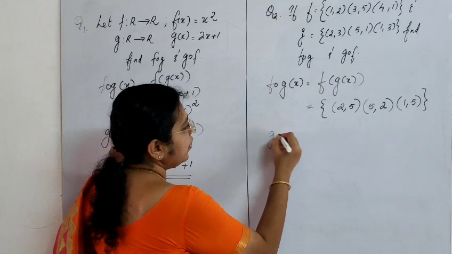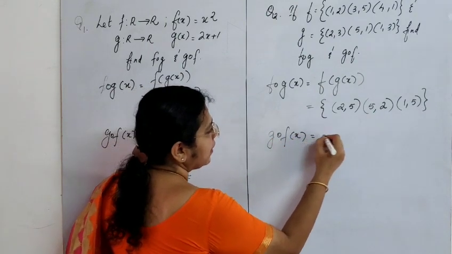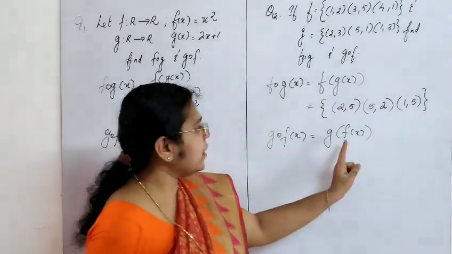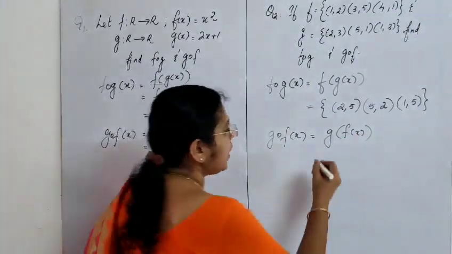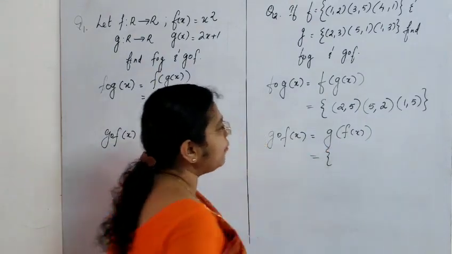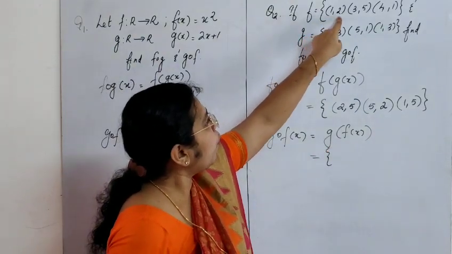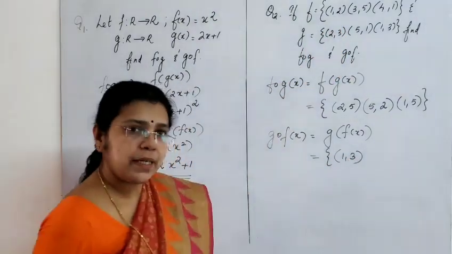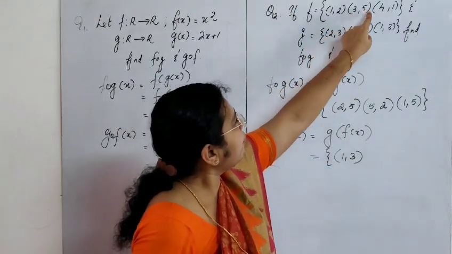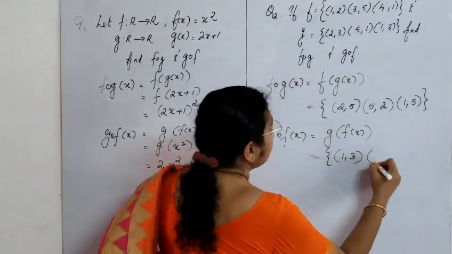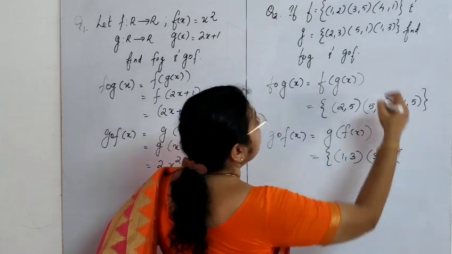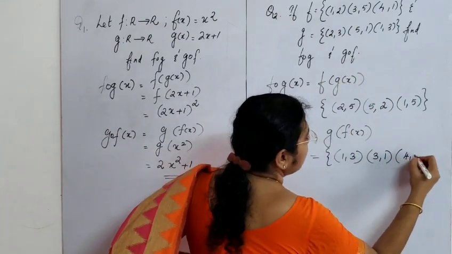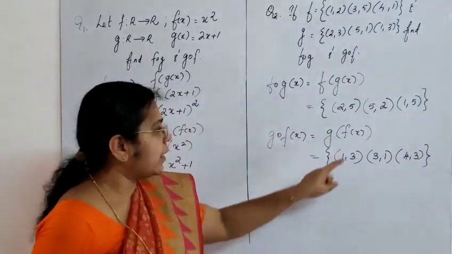Now, what is g of f of x? That is g of f of x. The extreme right function there is f. So starting with f, it is again the set of ordered pairs.